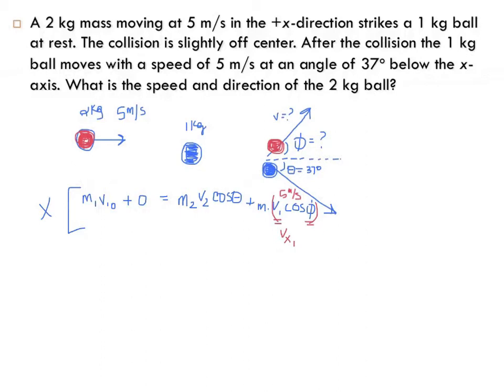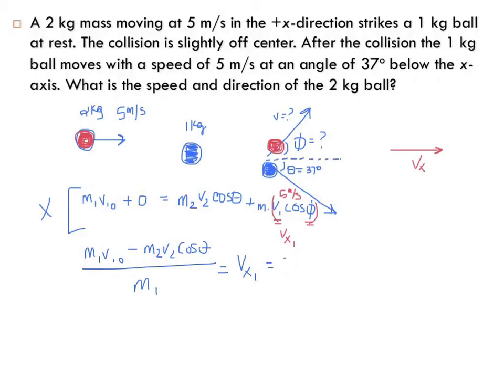Okay, and that's going to give me this piece, this velocity in the x direction of my first object. I get m1 v1 naught minus m2 v2 cosine theta, all over m1, is equal to vx1.